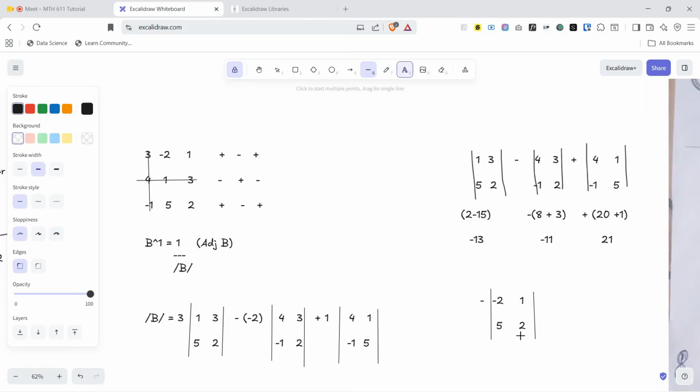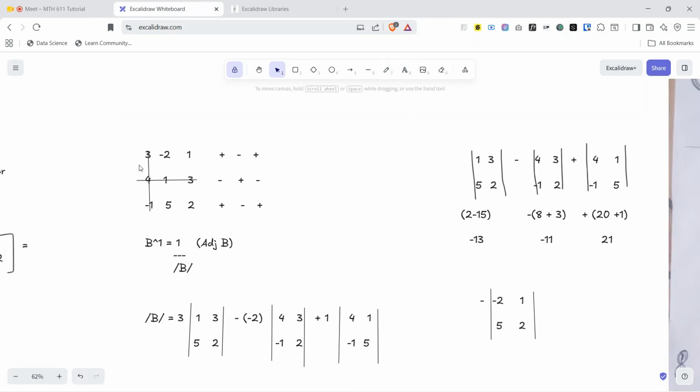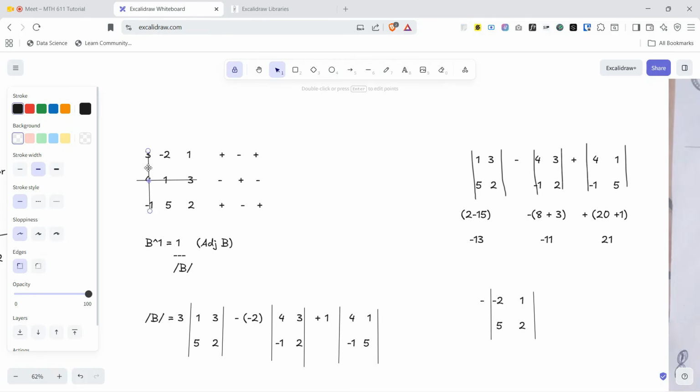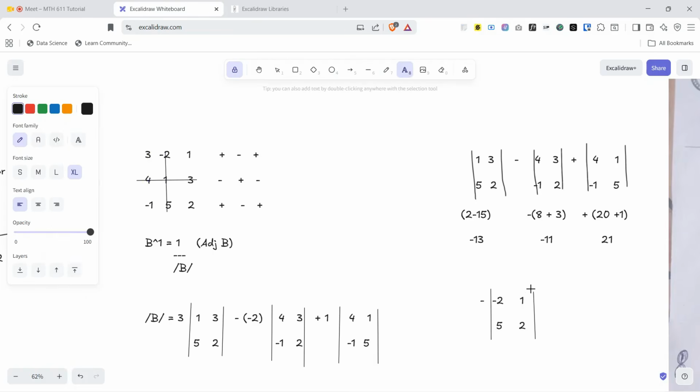Then plus, for the next one, 3, 1, minus 1, 2.